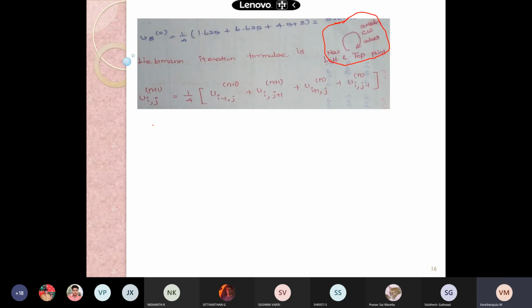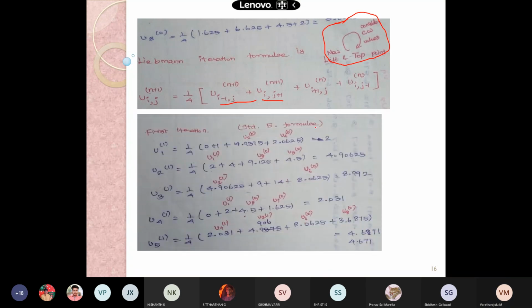This is Liebmann's iteration formula. The left and top would be new points. This is the left and this is the top. So from the first iteration, we are going to deal with the standard 5-point formula alone. What is our U1? 1/4 of 0 and 1.